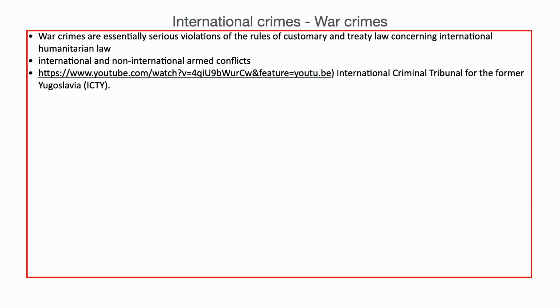Individual criminal responsibility existed with regard to violations laid down in customary and treaty law, irrespective of whether the conflict was an international or an internal one. A significant number of provisions dealing with international conflicts now apply to internal conflicts as laid down in the Statute of the International Criminal Court.